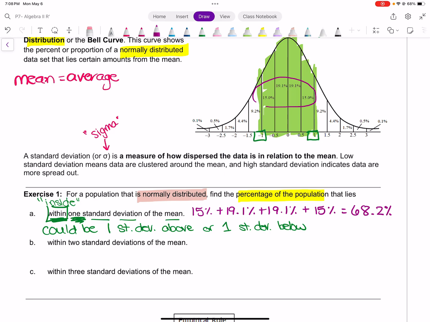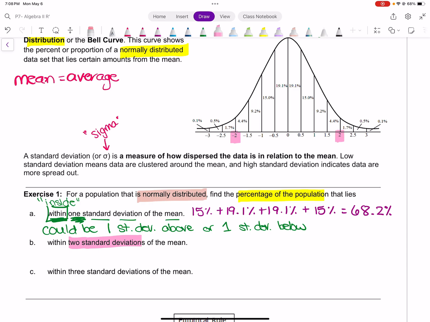Now on the next one, it says, what percentage is within 2 standard deviations of the mean? So now I could be 2 below, or I could be 2 above the mean. Again, it says within, so we go to the bars at the -2 and +2, and now we're going to add up all of the percents that are inside of the -2 and +2 range.